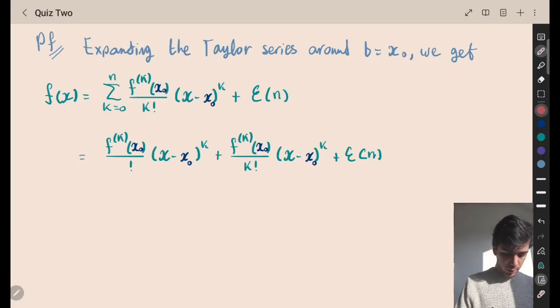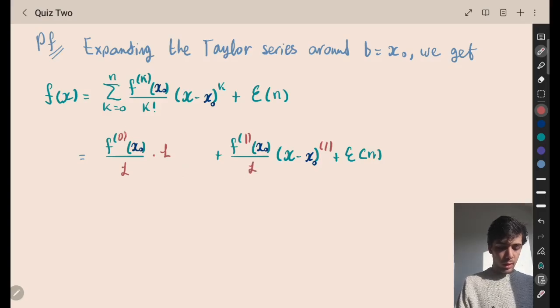And here it is. So this is 0. My apologies. This is 1. This is 1. This is 1. And the 0th derivative of the function f is just the function itself. So I can simply write this as f of x0.